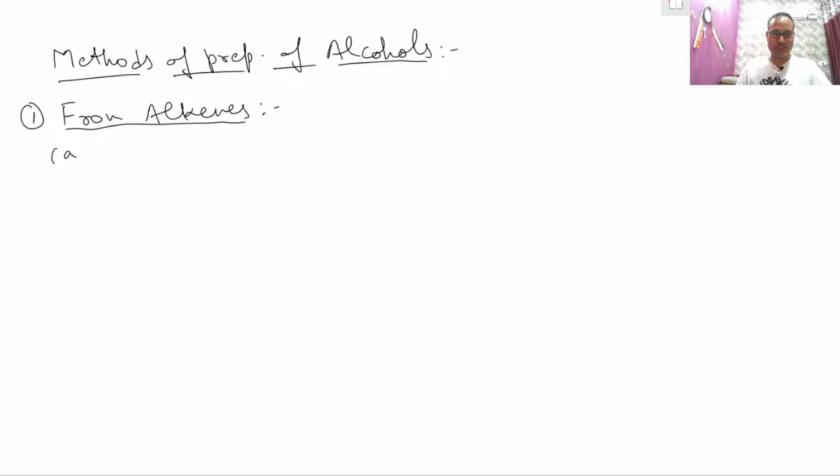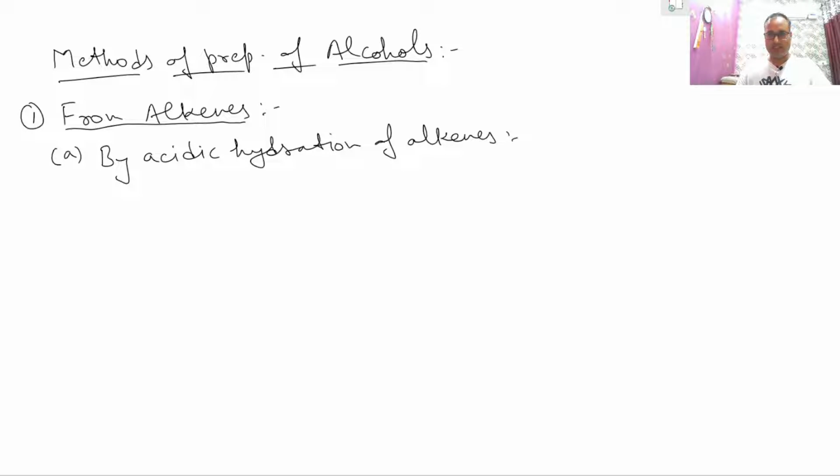One is by acidic hydration of alkenes. Let us take an example. So over here we'll be taking ethene, CH2 double bond CH2, and reacting it with water in presence of concentrated H2SO4.